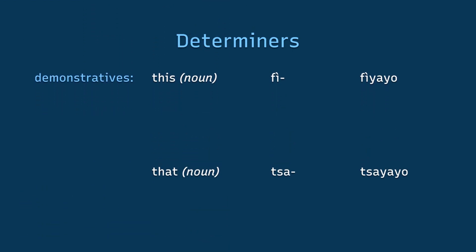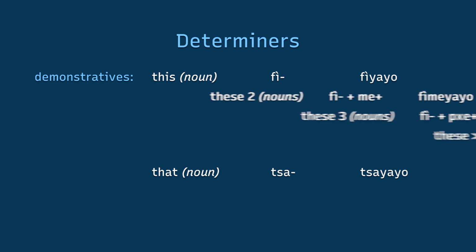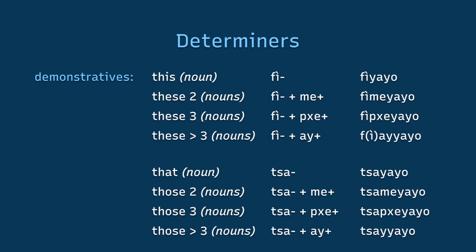If you use fe on a noun that already starts with e, like eilva, then the two e's contract into one. For example, fe eilva becomes feilva. Similarly, tsa atokirina becomes tsatokirina. You can use fe and tsa together with the plural prefixes.